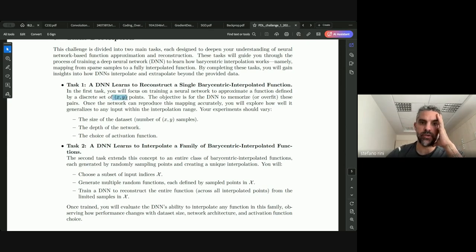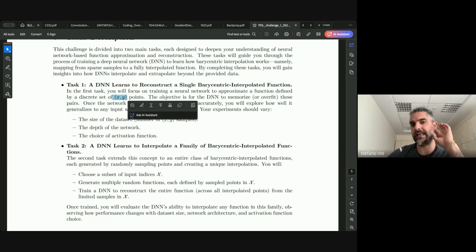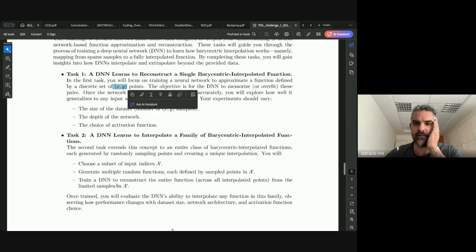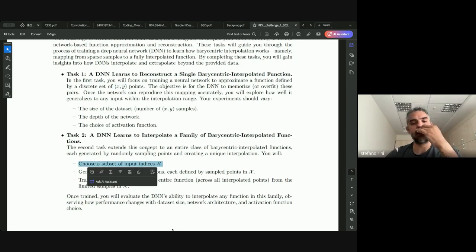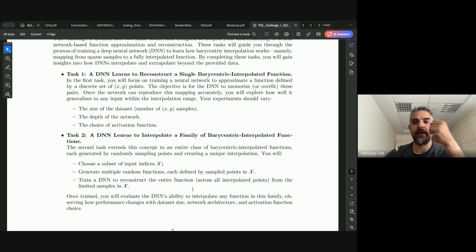Okay, so notice that these two networks are different, right? Here the input is one scalar x and one scalar y, and the network is just learning the one input, one output function, okay? So this is one function, but here is different. Here you have a subset of input indices, okay? And for these input indices, you want the network to produce an interpolation across the entire function.